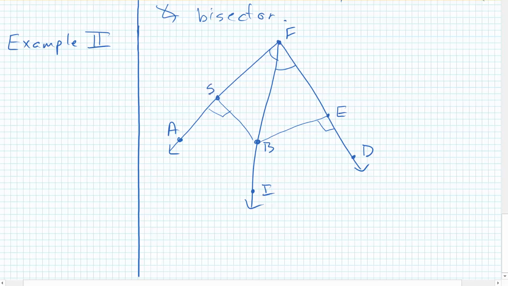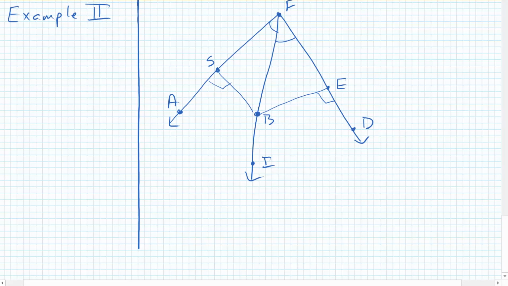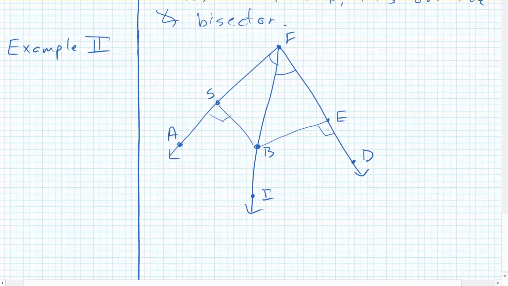We're going to assume that SB is at a right angle to FA and EB is at a right angle to FD. Now, we're also going to tell you that SB has a side length of 5x, and that BE has a side length of 2x plus 24. Now, without looking at anything else, let's think about this whole diagram.